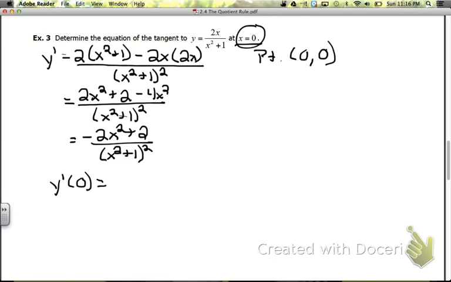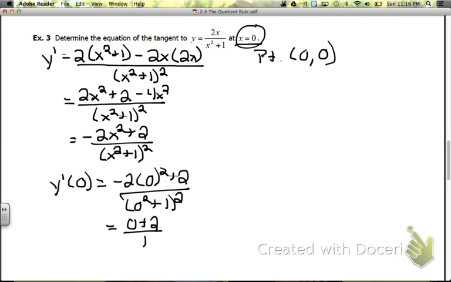So we're going to sub in 0 there. So negative 2 times 0 squared plus 2 all over 0 squared plus 1 squared, which we will get to be equal to 0 plus 2 all over 1, so therefore this will be equal to 2. So that is our slope at x equals 0, so that equals m.